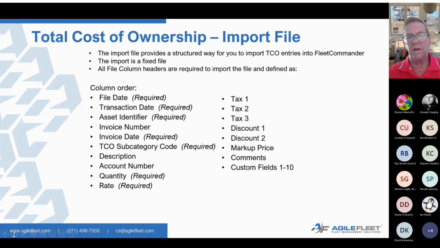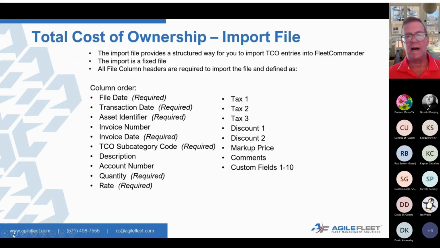Now, the other piece of the file is, as we get into thinking about the structure, you can see that it's a pretty powerful tool because it gives us the ability to bring a lot of different data into the system.